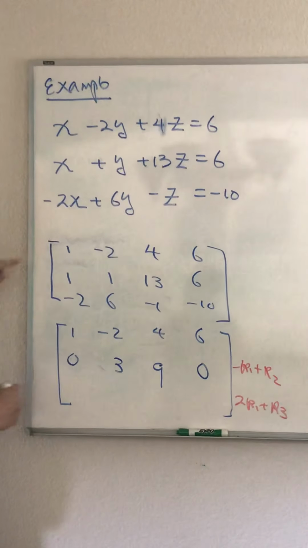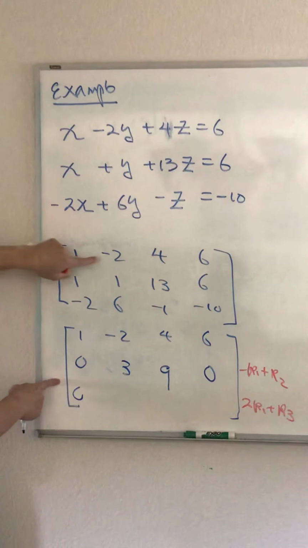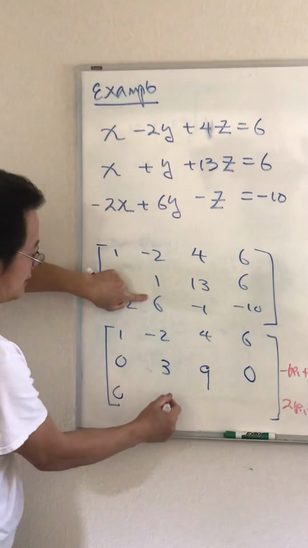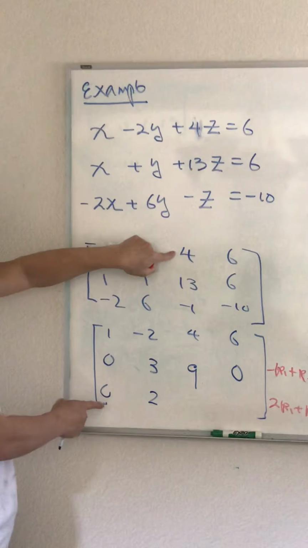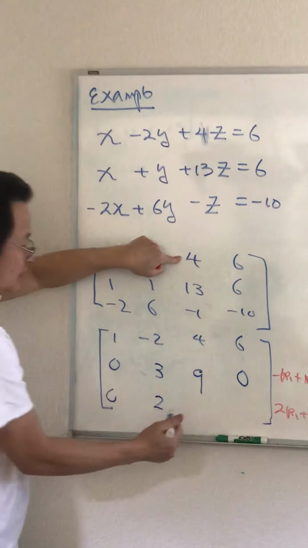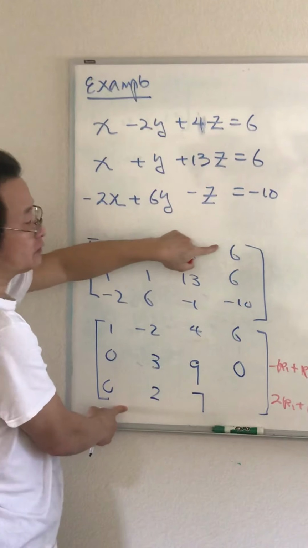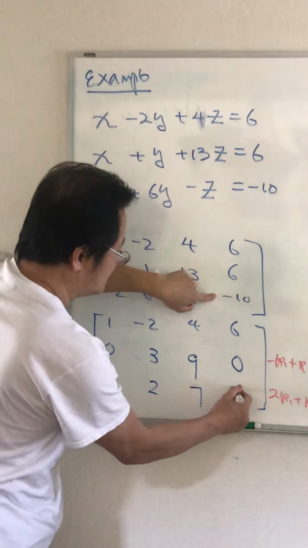So 2 times 1 plus negative 2 is 0. 2 times negative 2 is negative 4 plus 6, so that will be positive 2. 2 times 4 is 8 plus negative 1, that gives you 7. 2 times 6 is 12 plus negative 10, so that will be 2.